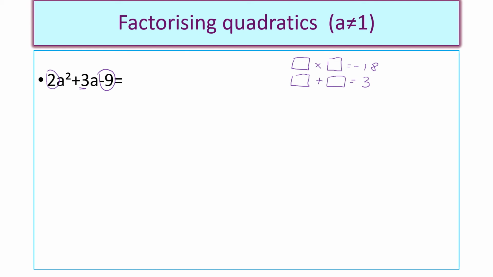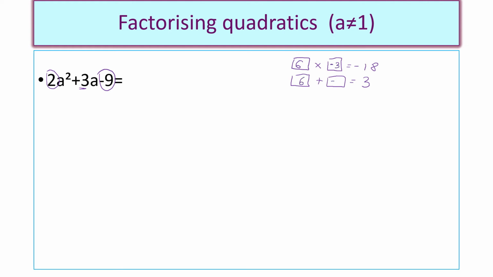Because the answer to the multiplication is negative, one of my numbers needs to be negative. And when I add the two numbers, I get positive 3, which means the bigger number needs to be positive. So my numbers are 6 and negative 3.